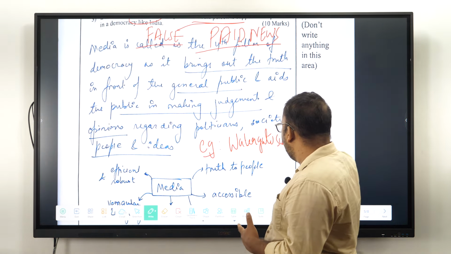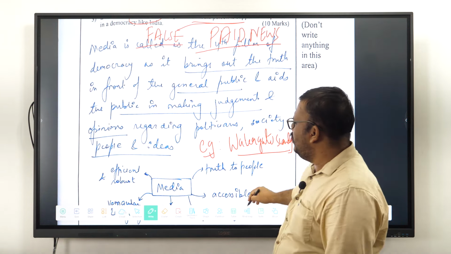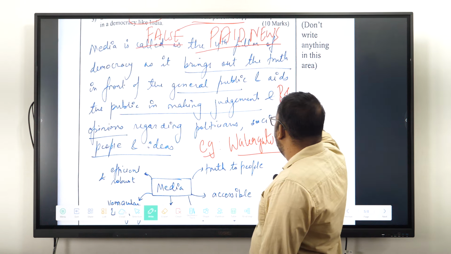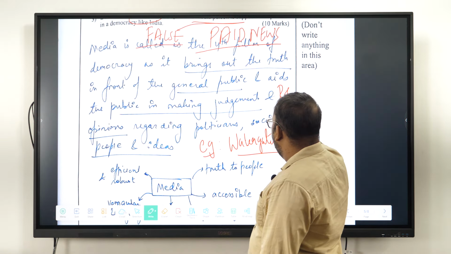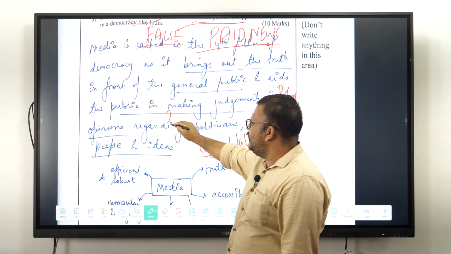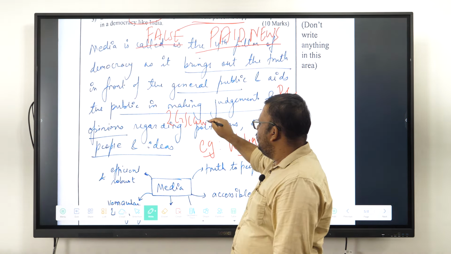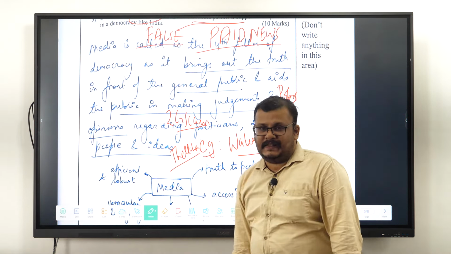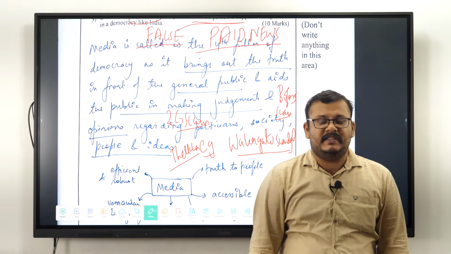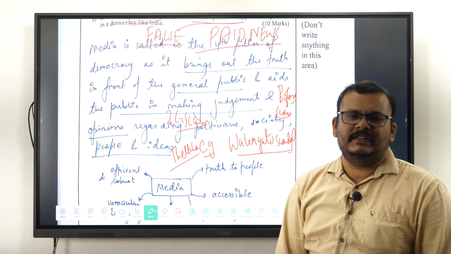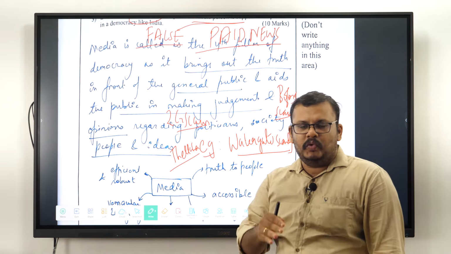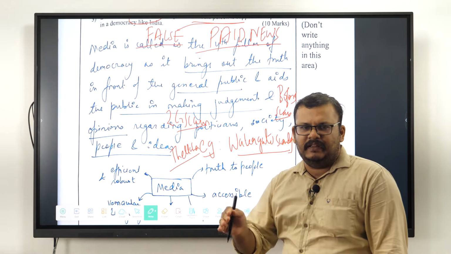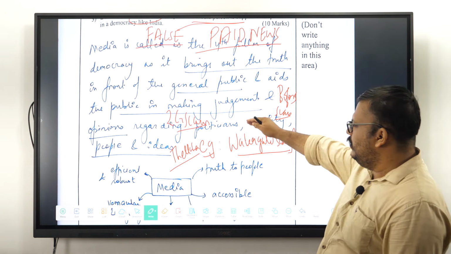But with respect to India, we can mention instances like the Bofors scam, the 2G scam, or the Tehelka scam. These are live examples from our near past where media, due to their responsible reporting, were able to bring changes in the society. So this can be introduced.